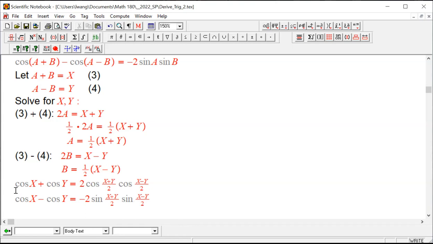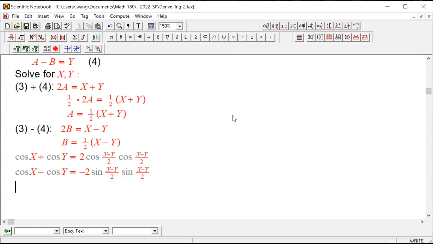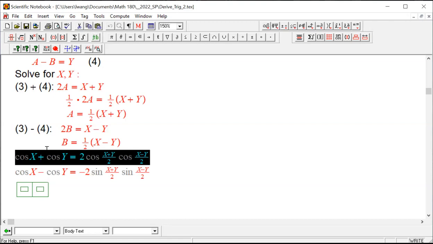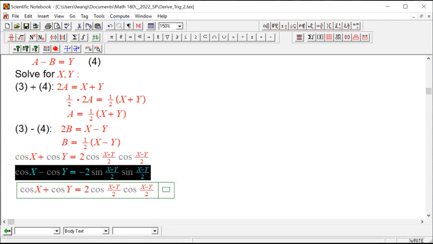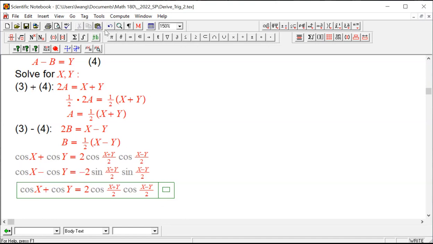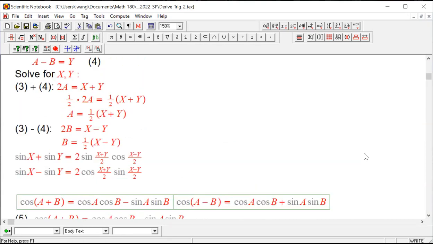So this is sum turned into product, difference turned into product. So we got all of these on the left side of the diagram proved. We're going to take this piece, put it here, take that piece, put it right there, and bring them together to the top.